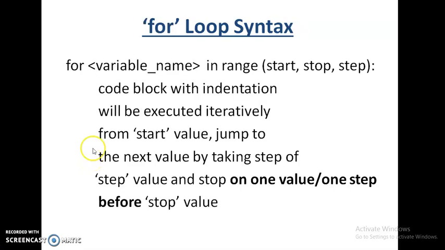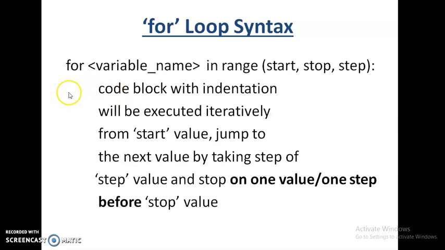Now let us see the for loop syntax. For is a keyword. Then again we will give the variable name, in range, start, stop and step. Now range is a function which is generally used in the for loop of Python and it has 3 parameters, start, stop and step for the value of this variable.